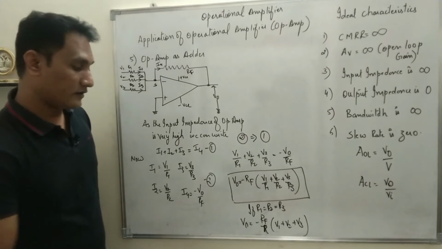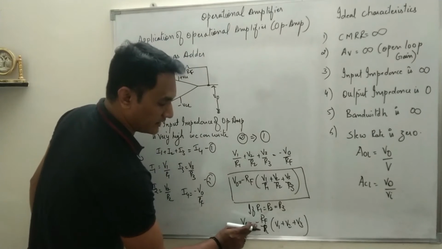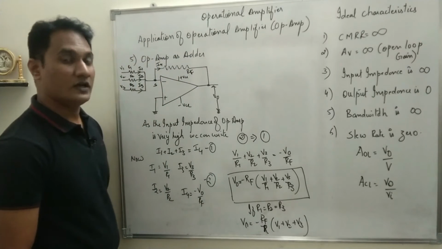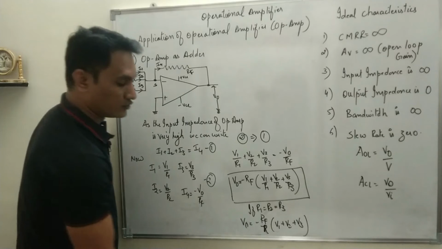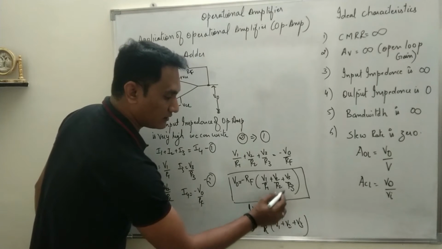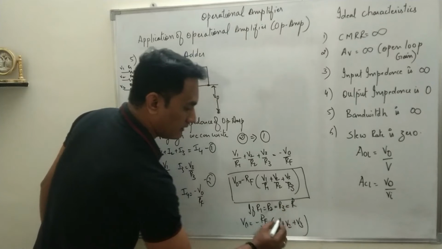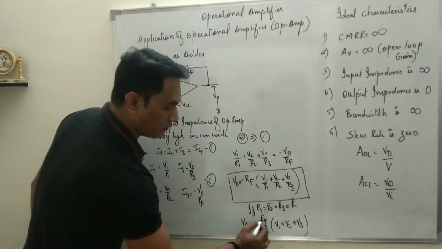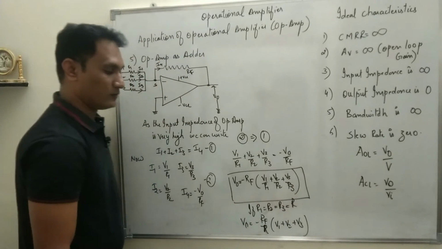One thing I have forgotten, of course there will be a minus sign which will indicate there is a phase shift of 180 degree between input and output. So if R1 equals R2 equals R3 equals R, we can say the value V0 is equal to minus RF upon R, V1 plus V2 plus V3.